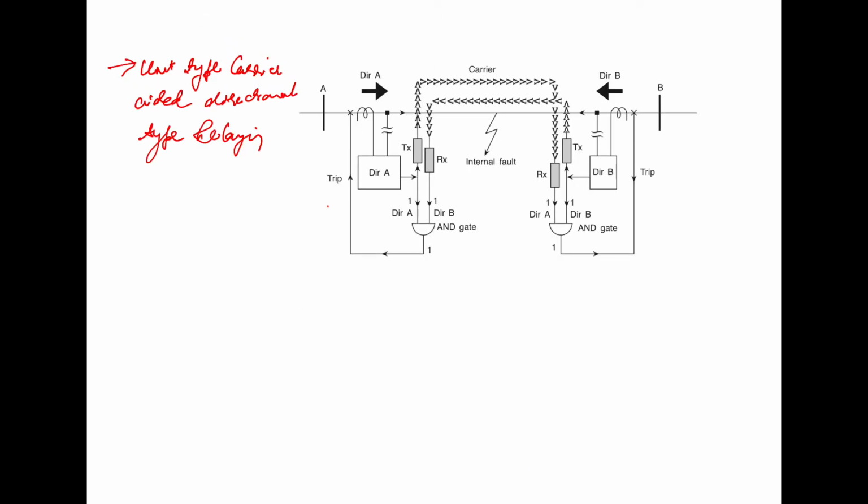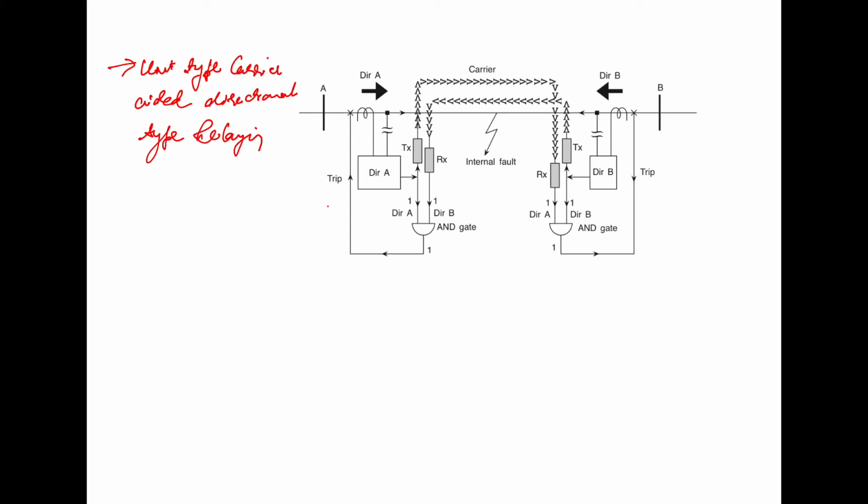Now let us discuss the unit type carrier aided directional type relaying. This protection scheme takes advantage of the fact that as the fault location changes from just ahead of the bus to just beyond the bus, the nearest directional relay sees a sharp change in the fault direction.